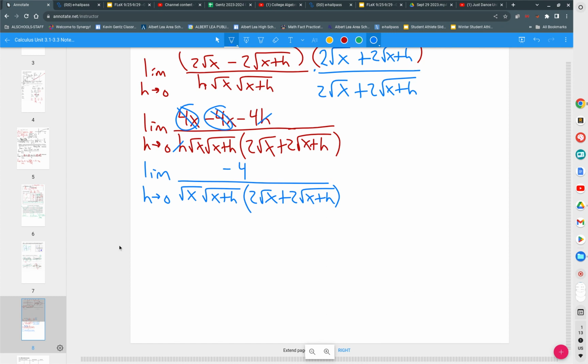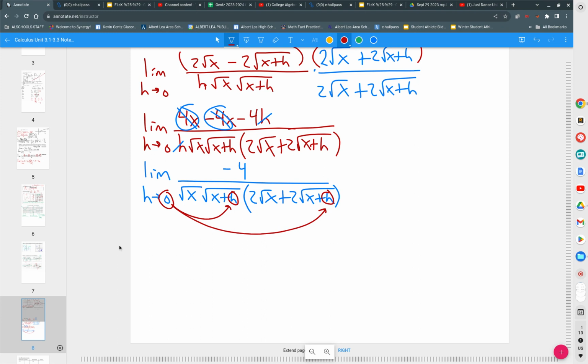Okay. All right, so as we tie this off, you guys are almost there. You've done a great job. What is the last thing we have to do to tidy this up? Yeah, 0 needs to go in for h. And this is the really important moment with this problem. When the h goes to 0 there, and the h goes to 0 there, notice how it just becomes the root of x?